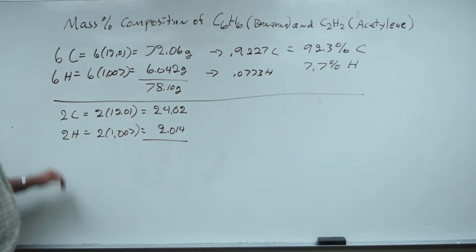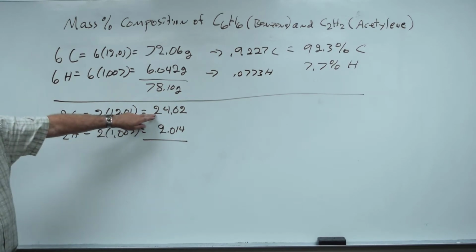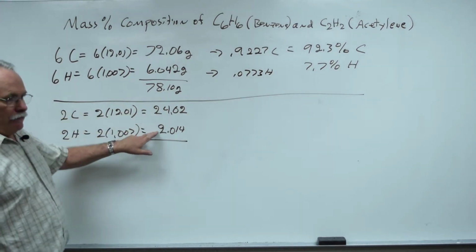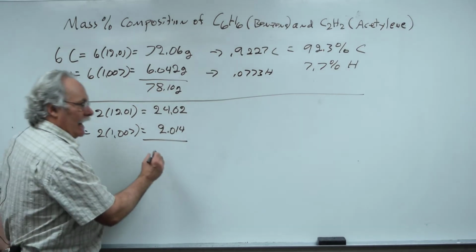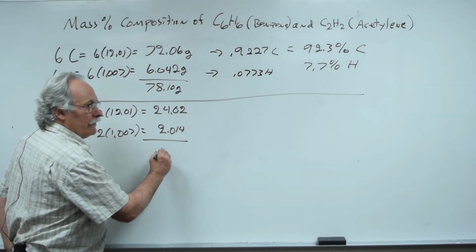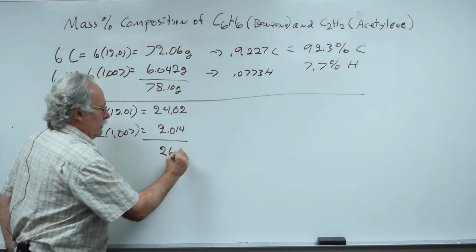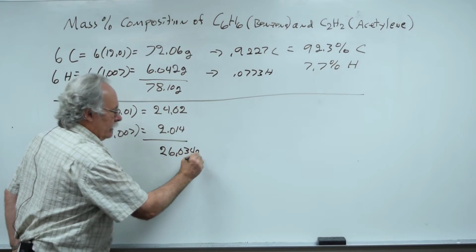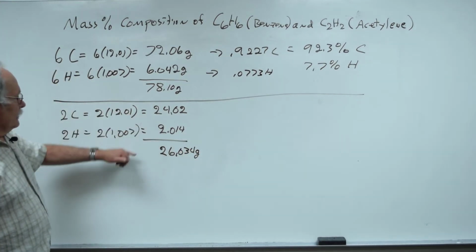So every mole of acetylene has 24 grams of carbon, 2 grams of hydrogen, and when I add these up, I come up with 26.034 grams per mole of acetylene.